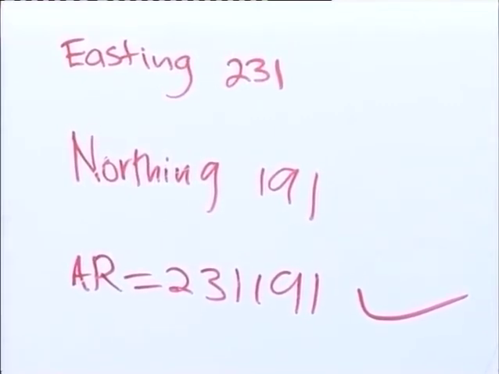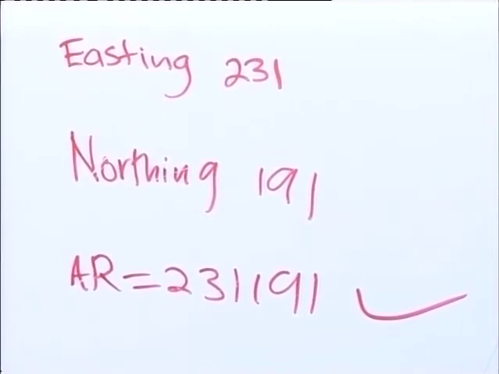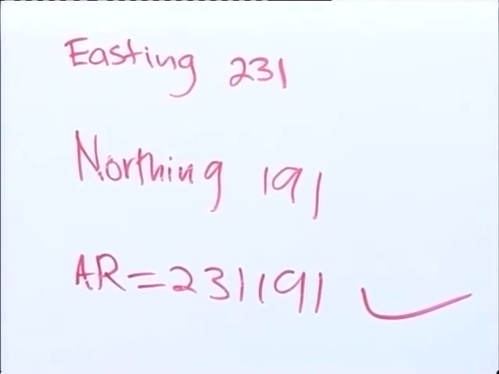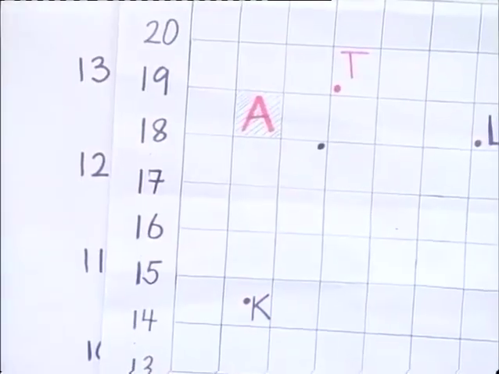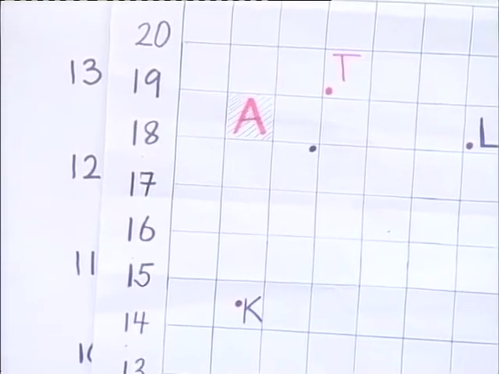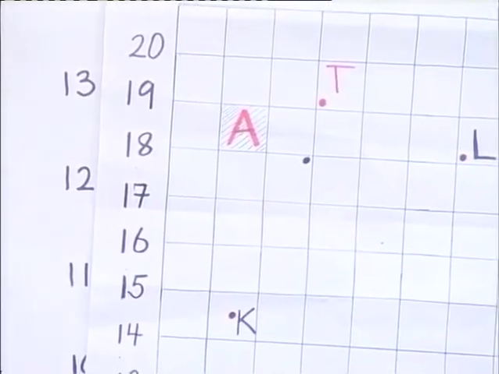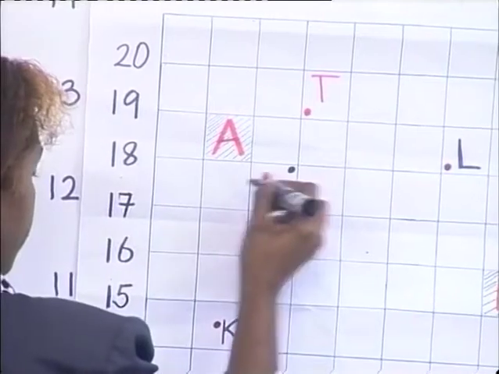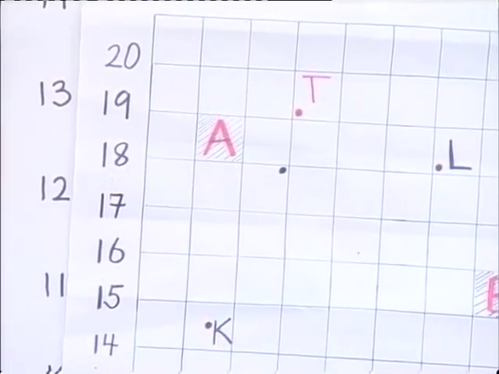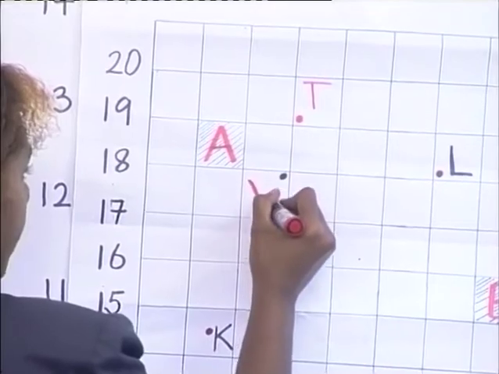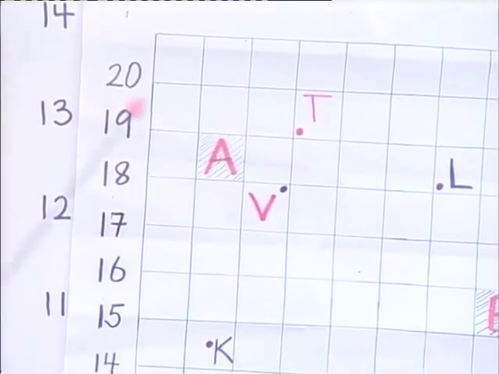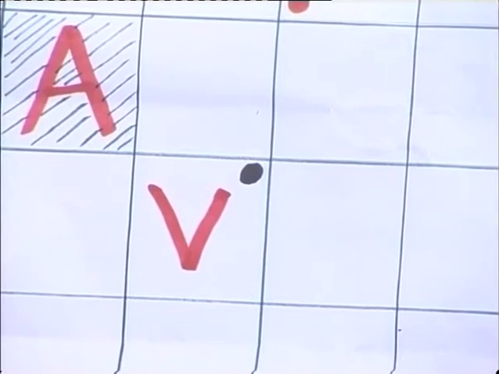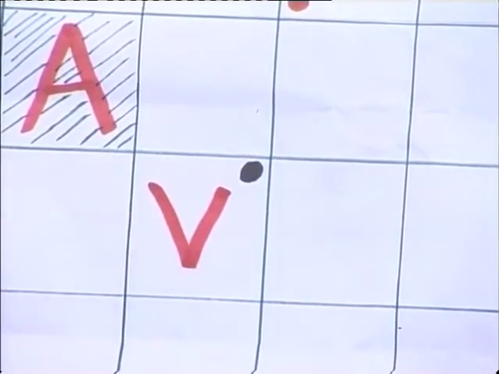Another example here. All right. This time I want you, those of you who are not sure, please, can you give me your answer? All right. And for the letter V, what's the area reference for letter V?